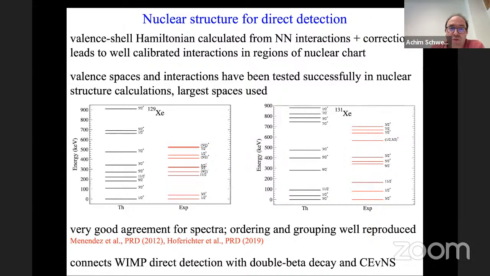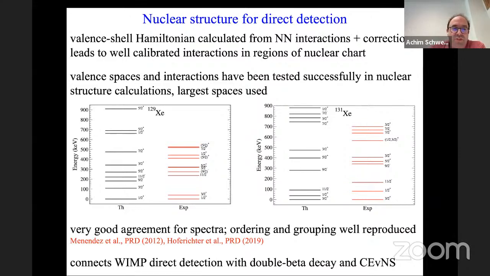For xenon, we use what is called a valence shell Hamiltonian. This is based on two-body interactions with some corrections, because in this heavy region we are not able to include three-body interactions in an accurate way yet. Then we diagonalize this Hamiltonian in large valence spaces, with many-body dimensions up to 10 to the 9.